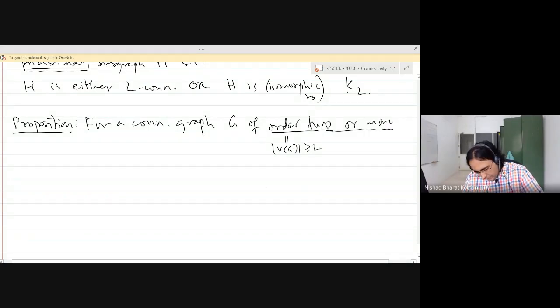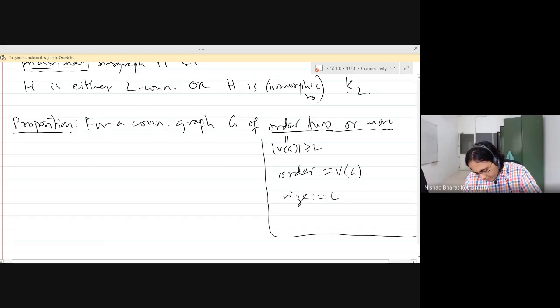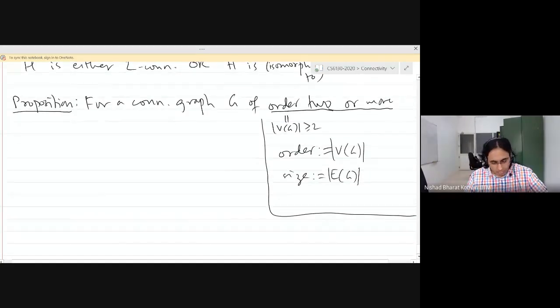Often in graphs you use the word order: order is the number of vertices and size is the number of edges. For a connected graph of order 2 or more, the following statements hold.